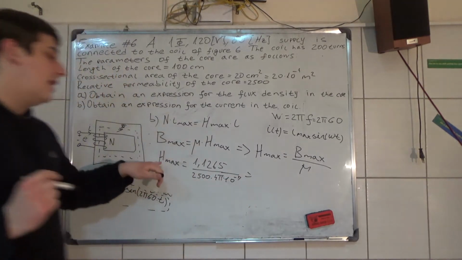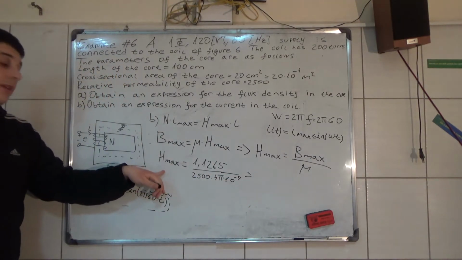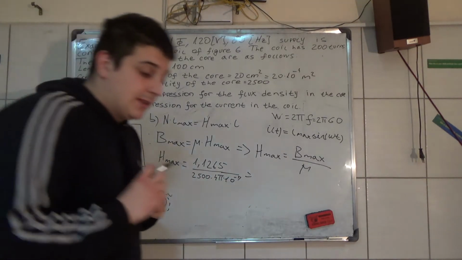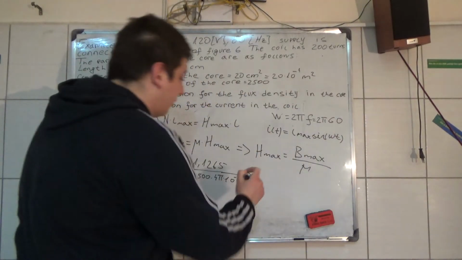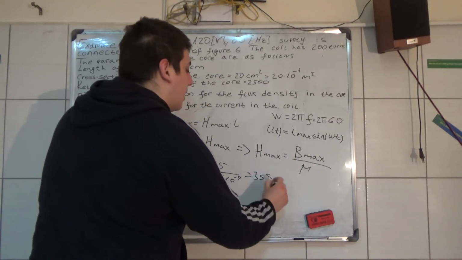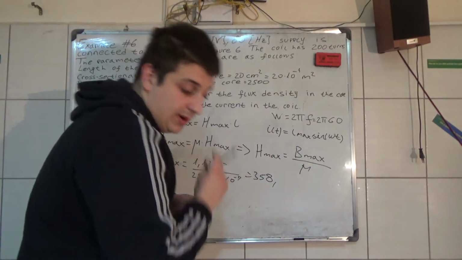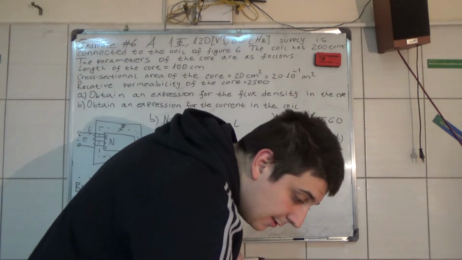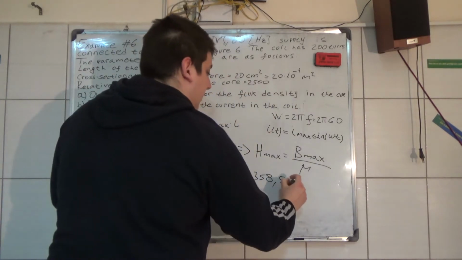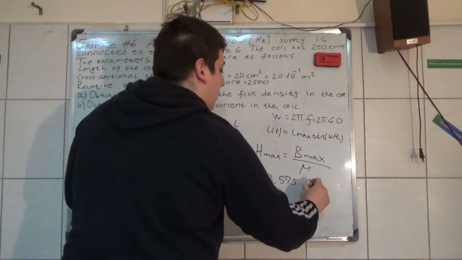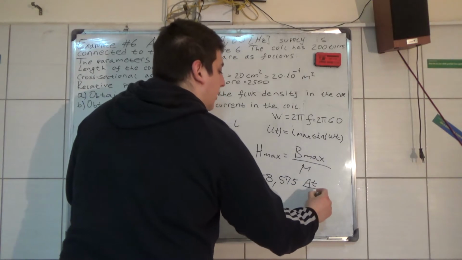And you get that the maximum field intensity is 358, or 0.575 ampere turns per meter.